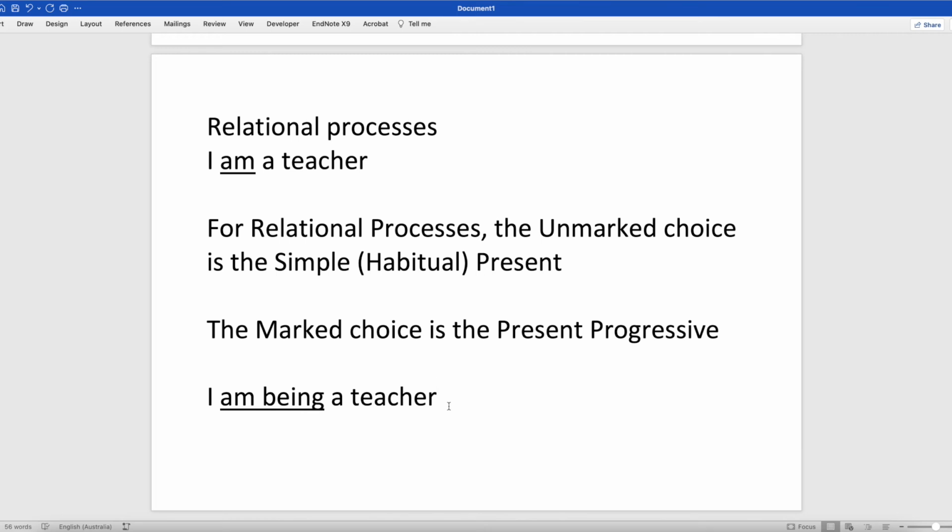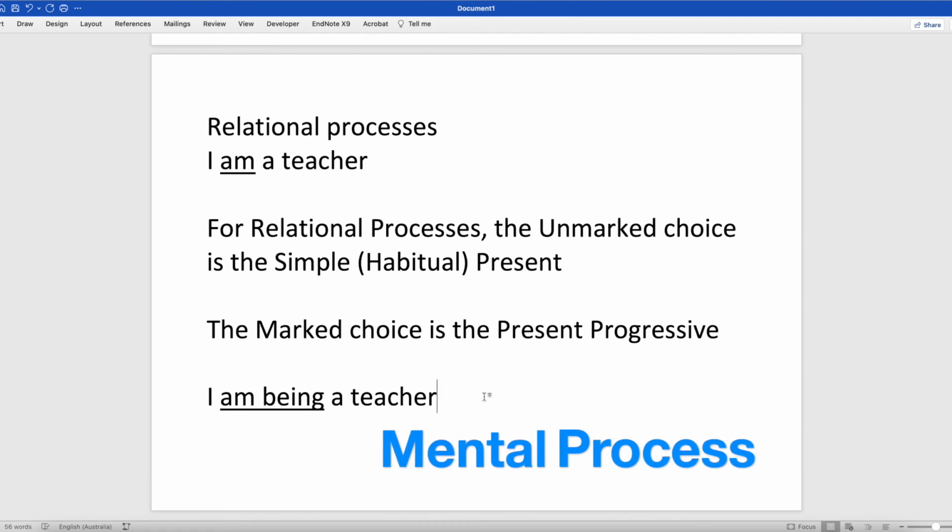Maybe that's the way that we interpret this marked choice. I want to finish off with one more example of all this, and we're going to look at one more process type. This one is the mental process type.